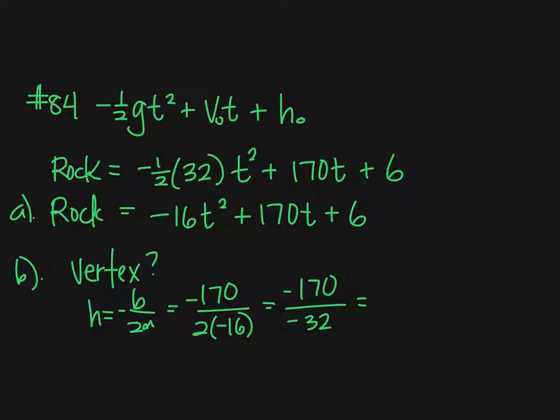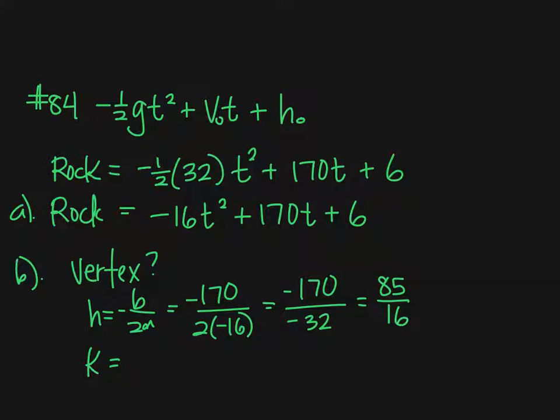Am I faster than you with that? Okay, it should be 85 over 16. All right, and that's your h value. Okay, how do you get the rest of the vertex? Plug in Vars. Okay, so I would suggest using Vars to figure out the k value.